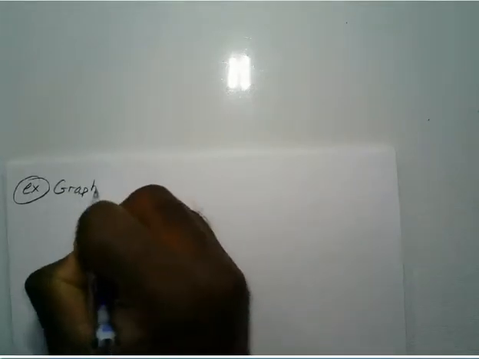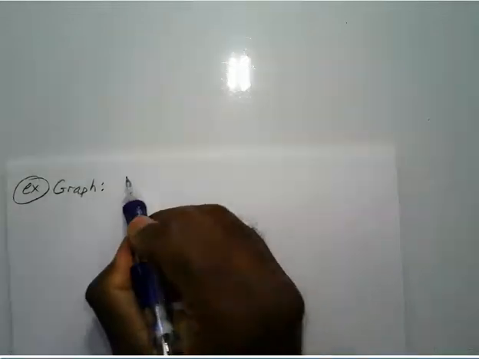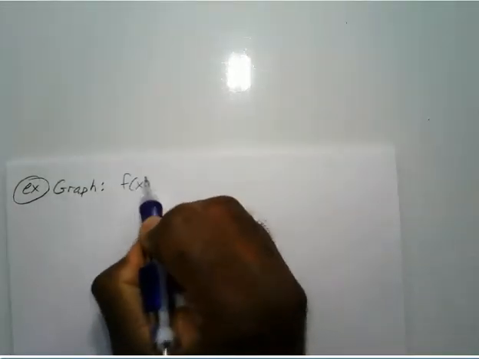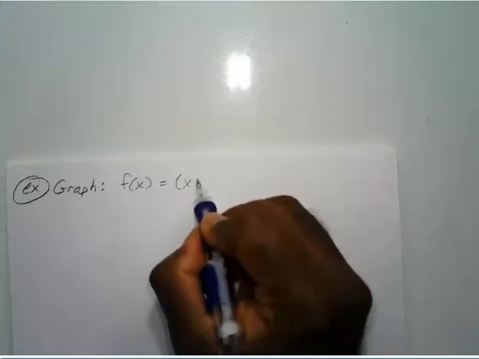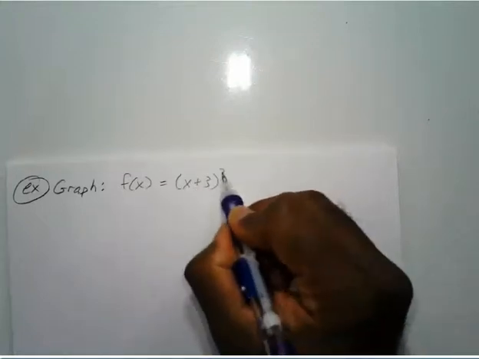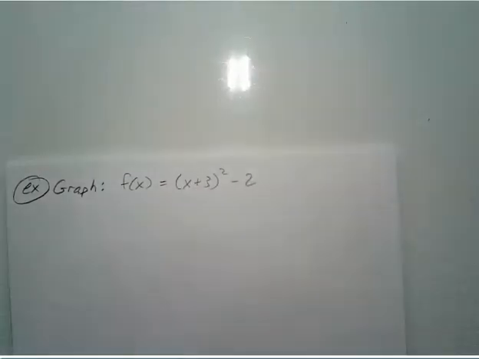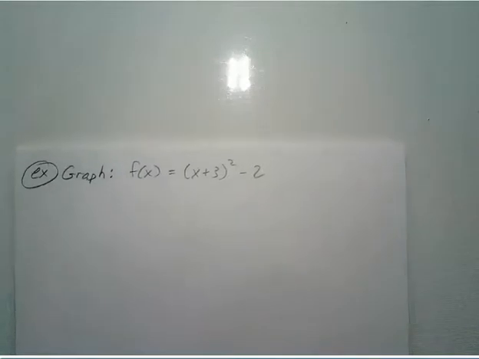All right, so let's say, for example, we wanted to graph f of x equals (x plus 3) squared minus 2. When you see a graph like this, you know you're going to shift left, right, or up and down.